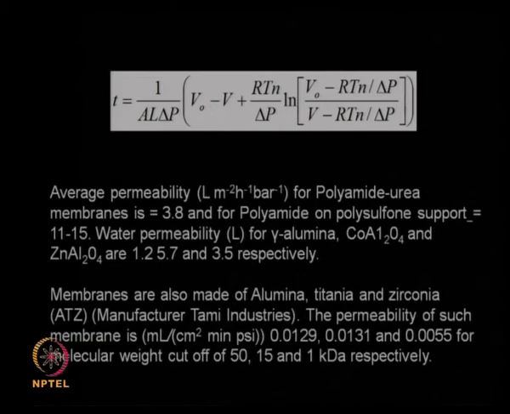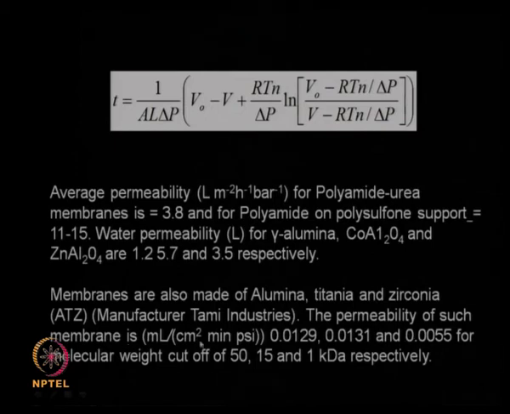We talked about so many polymeric materials, PVDF and polyethylene, polycarbonate, polyacrylamide, cellulose acetate and so on. We can also make membranes with inorganic materials, like alumina, titania and zirconia. There are companies which manufacture this type of membrane, such as TAMI Industries.